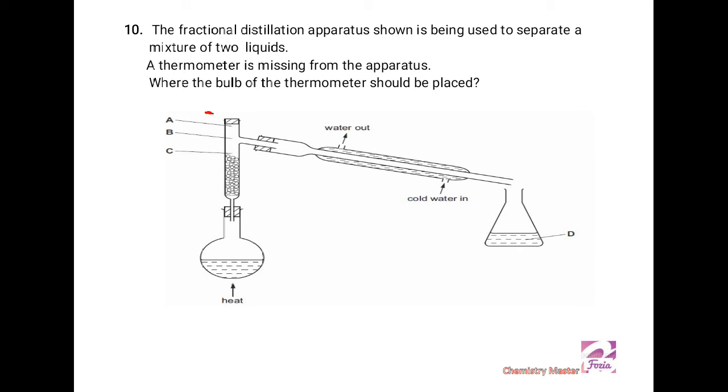If you place the thermometer at the right place B, its bulb should be just at the level where the rising or boiling vapors enter the condenser. This is the place where the correct temperature must be measured. So the thermometer bulb should be at the level where the outlet is coming out.